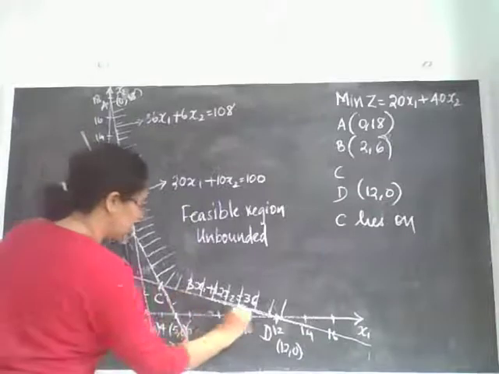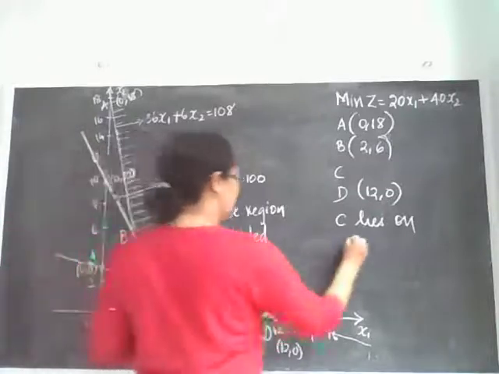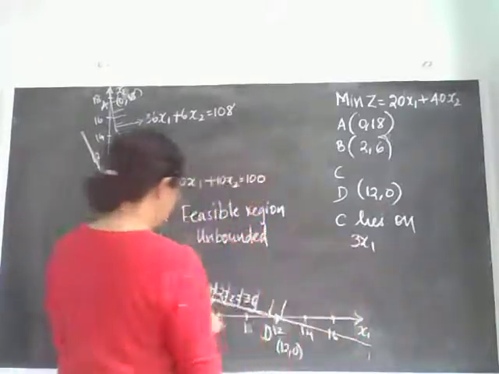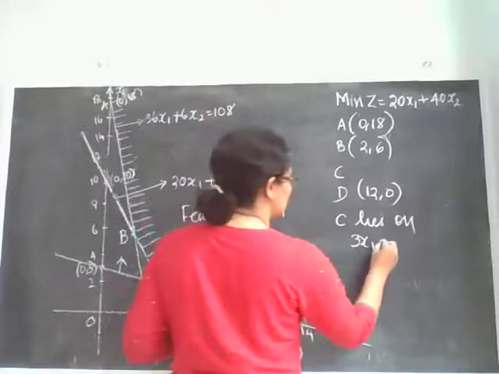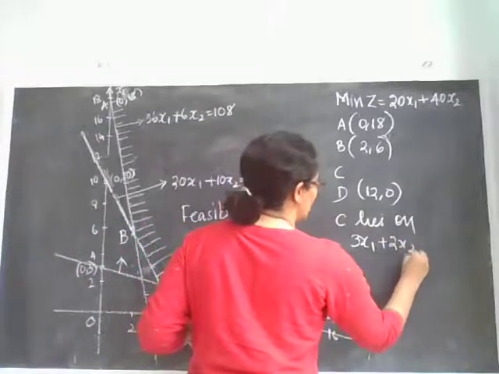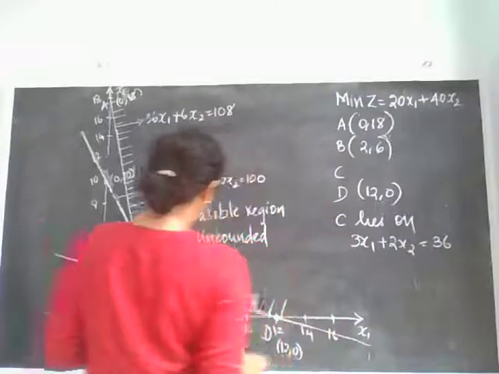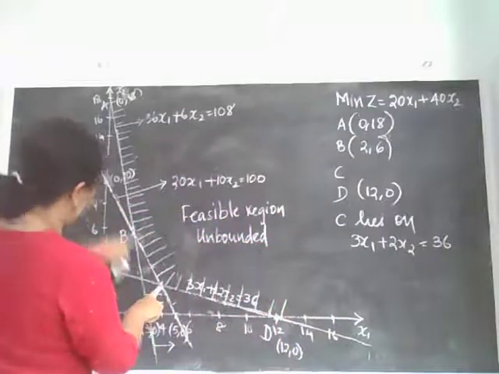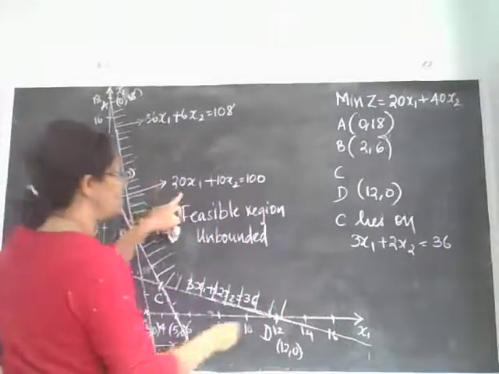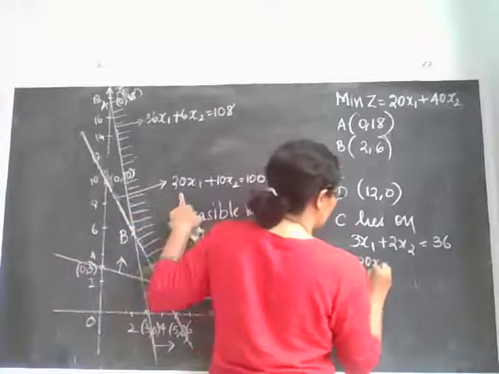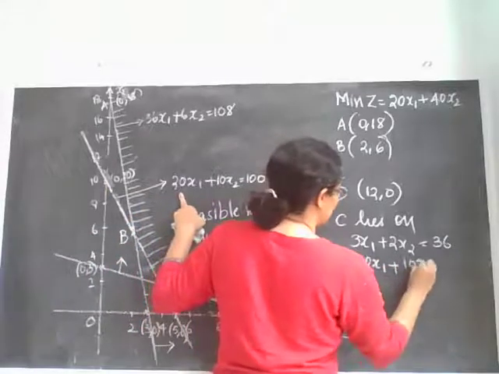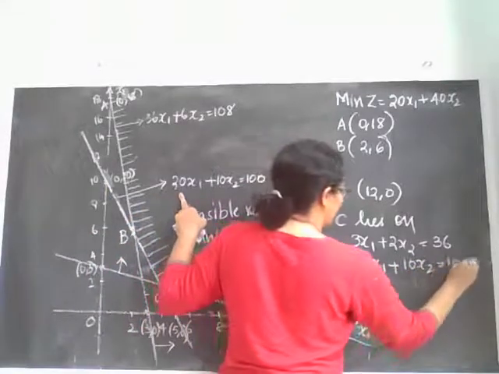The E line is 3x1 plus 2x2 equal to 36. The second line is the 20 line, 20x1 plus 10x2 equal to 100.